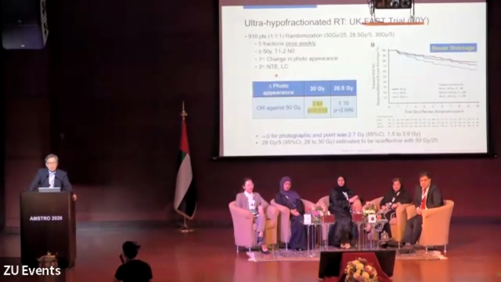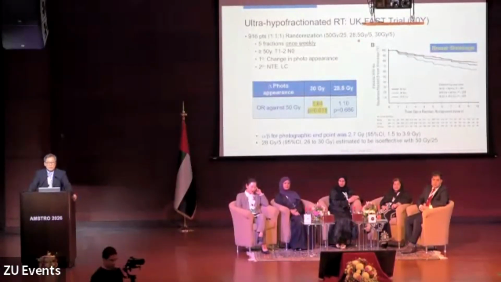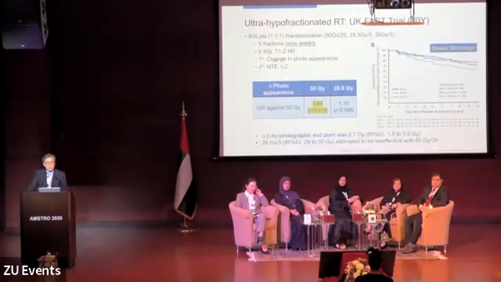So before we go to the FAST-Forward trial, this was the landmark, the FAST trial with the 10-year outcomes, 3-arm randomization with the standard 50 gray, and the other 5 fraction regimen was delivered once weekly, the 28.5 and 30 gray, included T1 and T2 and N0s.